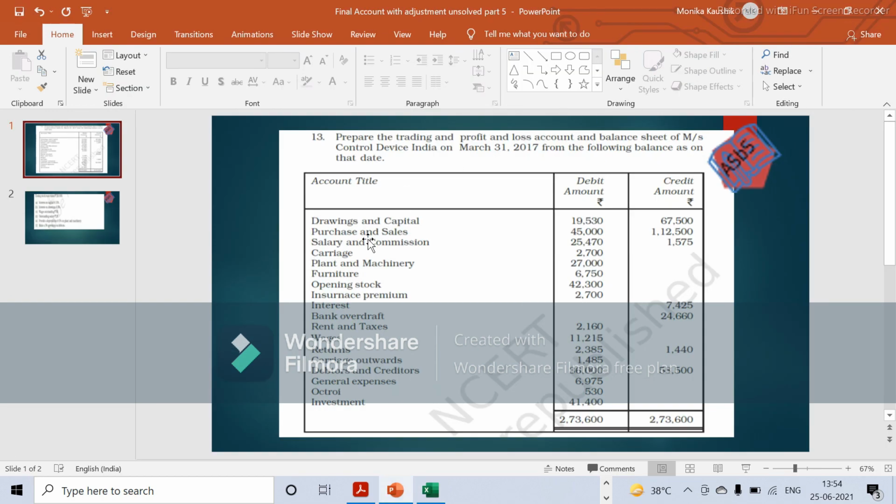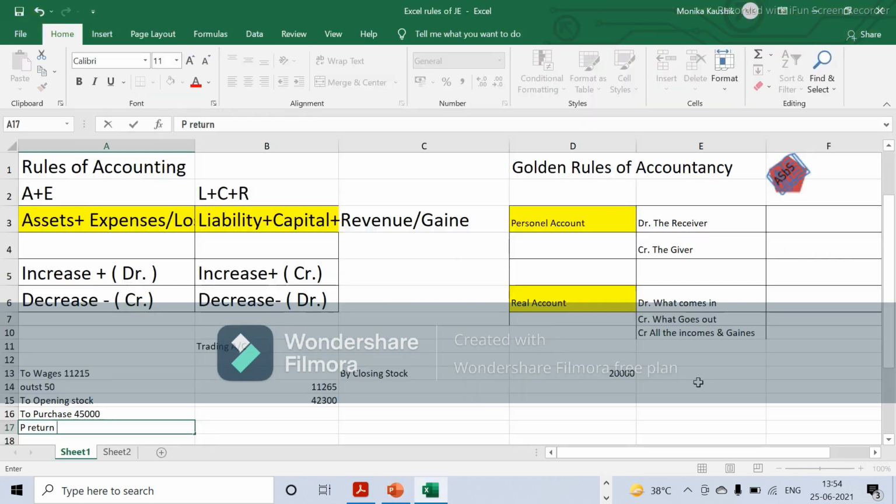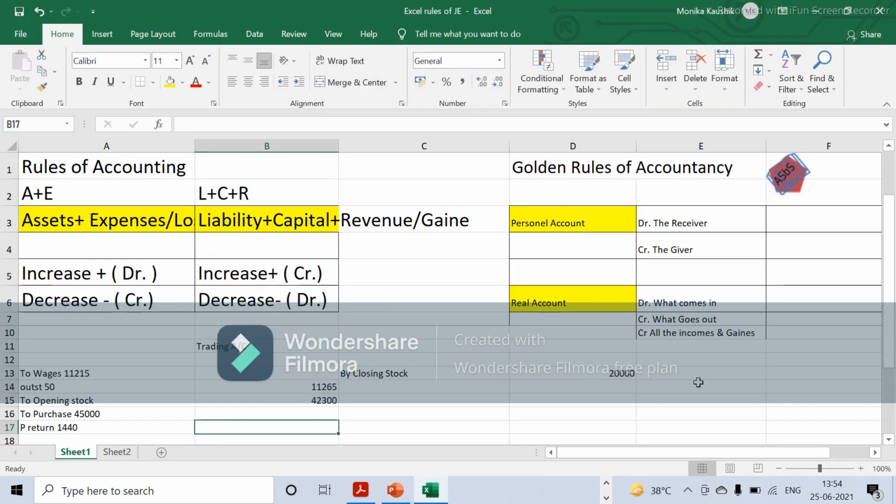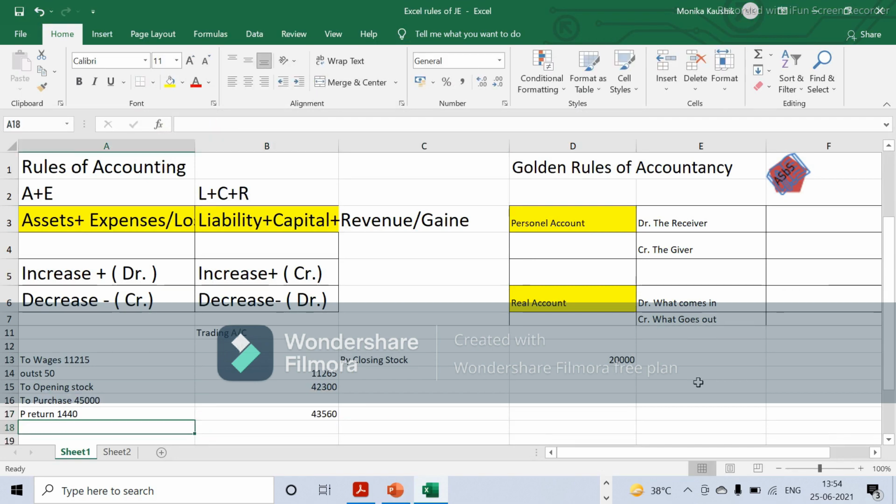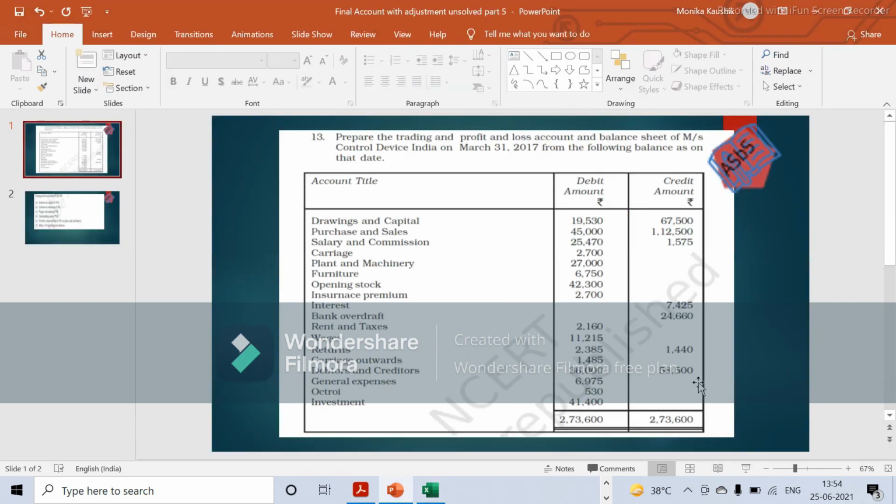If the purchase balance is debit, then the purchase returns balance is always credit. Returns are mentioned here, 1440 will be the return. The balances will be opposite. Purchase is always debit, return will always be credit. So this will be my purchase return, 1440. If I deduct it, I find the net purchase, 45,000 minus 1440. So 43,560 is the purchase.